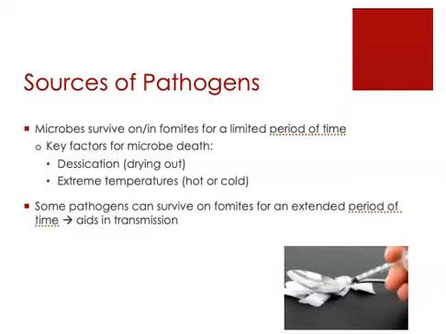So the key factors for a limited survival time on fomites are desiccation or drying out and extremes of temperature, either hot or cold. As we've discussed, living cells are quite susceptible to drying out. And so if the fomite is a particular surface or an object that tends to stay dry, that bacterial cell is not going to survive for too long.